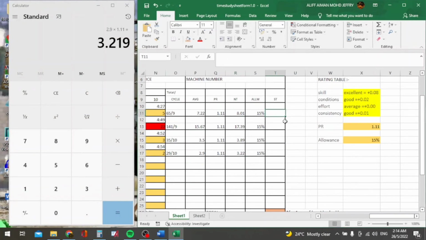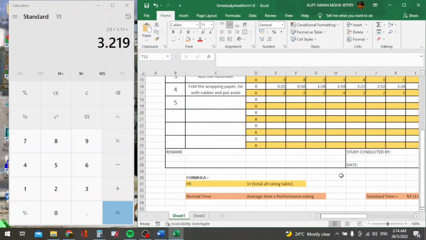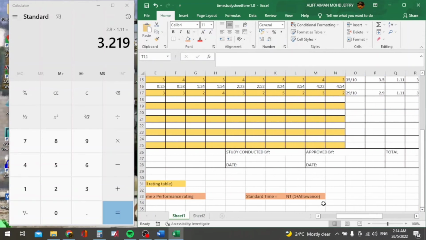Now how to calculate the allowance that has been given, which is 15%, to get the standard time? We must use the formula: normal time multiplied by 1 plus allowance.